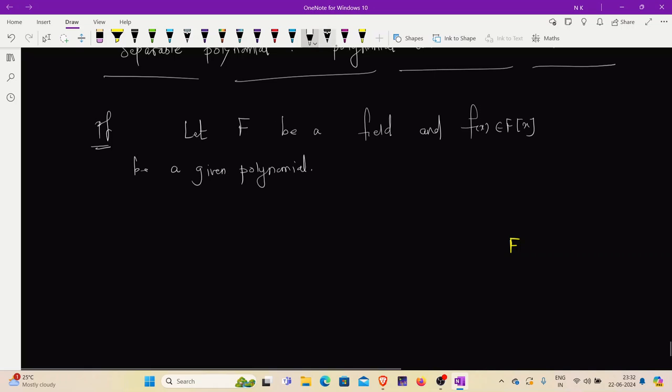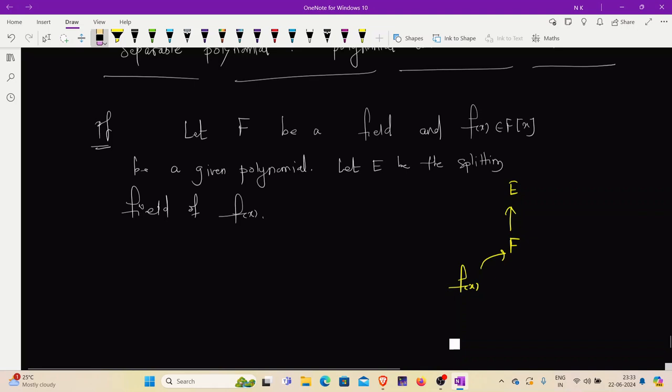So you can easily see that f(x) is defined over F. Okay, let E be the splitting field of f(x). Splitting field of f(x) means the extension of F which contains all the roots of f(x), right? So E is the splitting field of f(x).